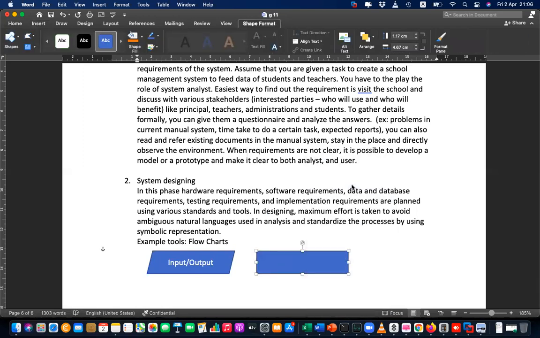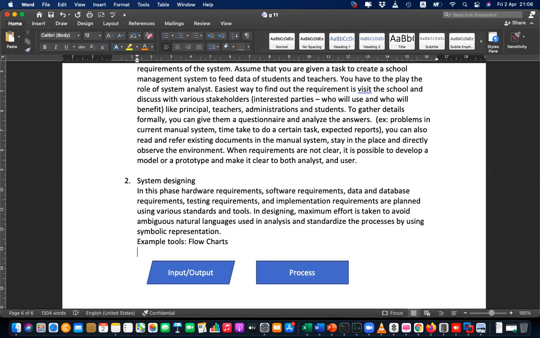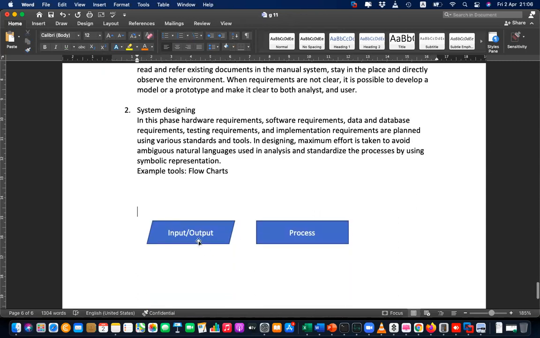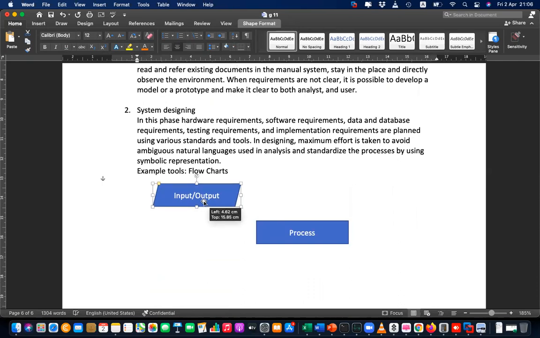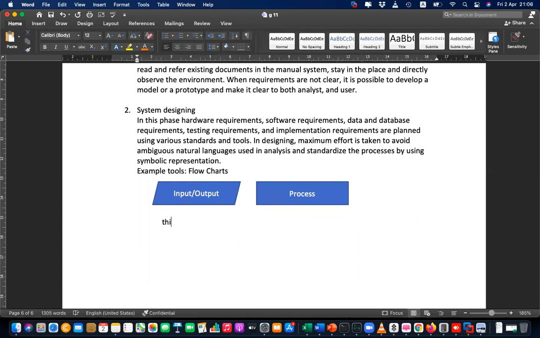Likewise, symbolic things are used in system designing to minimize the complexity of natural language. That's why these tools are used.